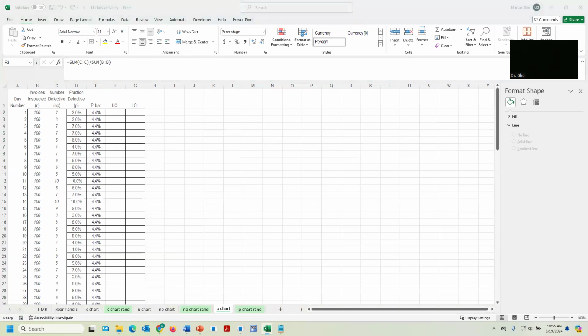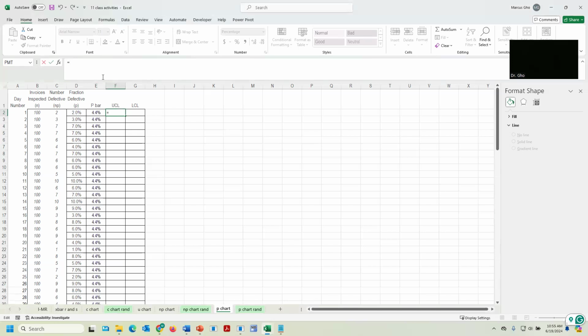And then when I calculate the upper control limit, I'm going to do P bar plus 3 times the square root of this value times 1 minus E2, and then divided by N. And this one we're looking at the number of invoices and we're trying to see the proportion of defects there.